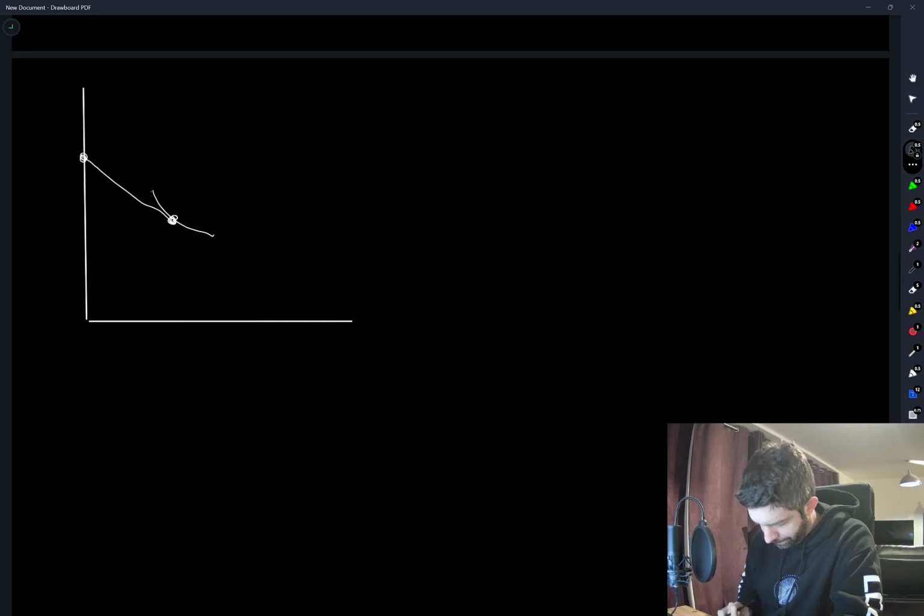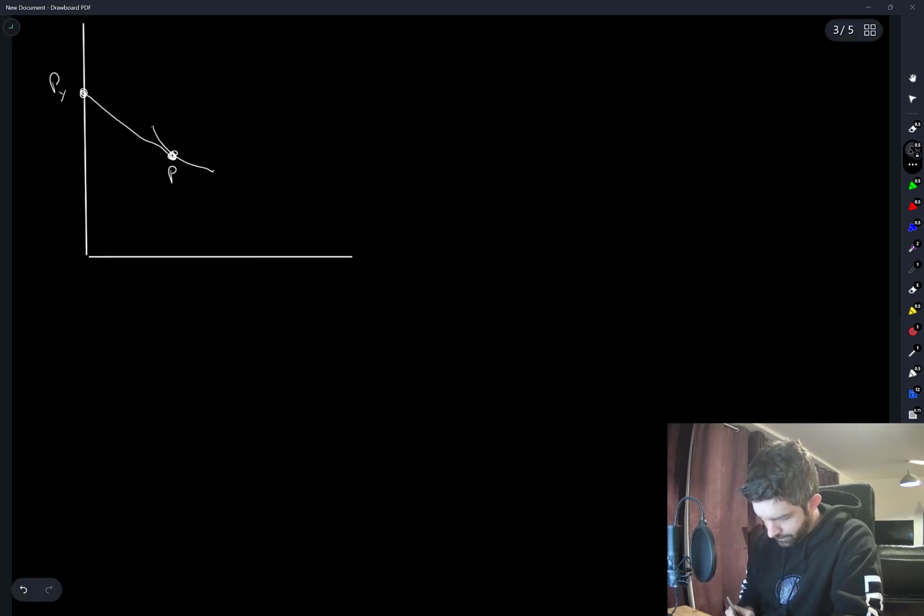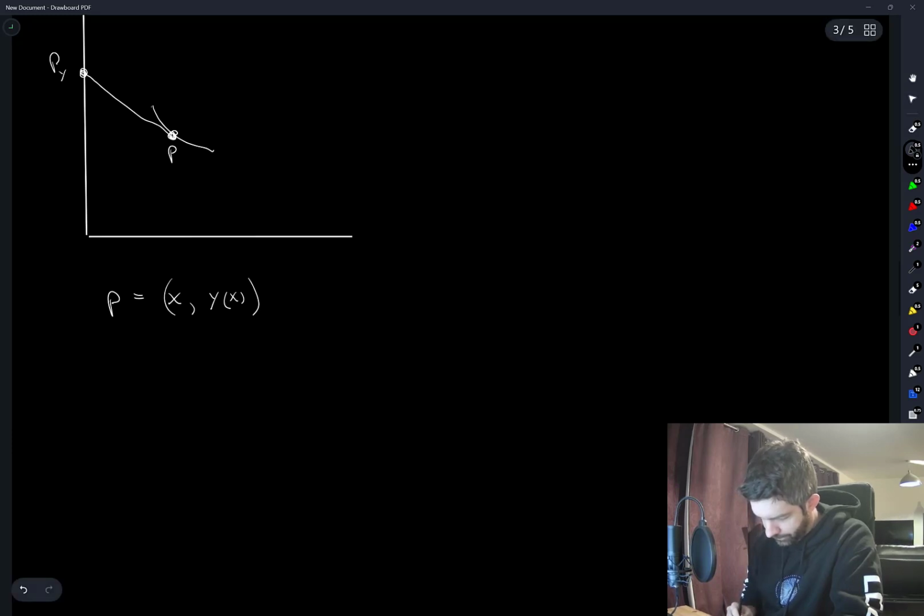Okay, so let's say P is equal to the point x, y of x. Then Py is equal to 0, and the y coordinate will be y prime times x, right?